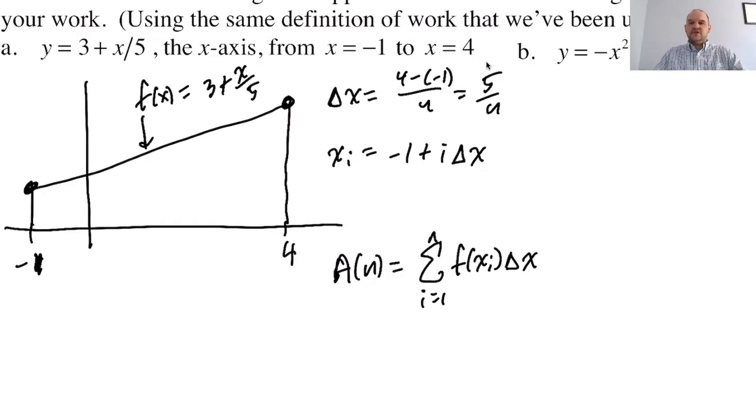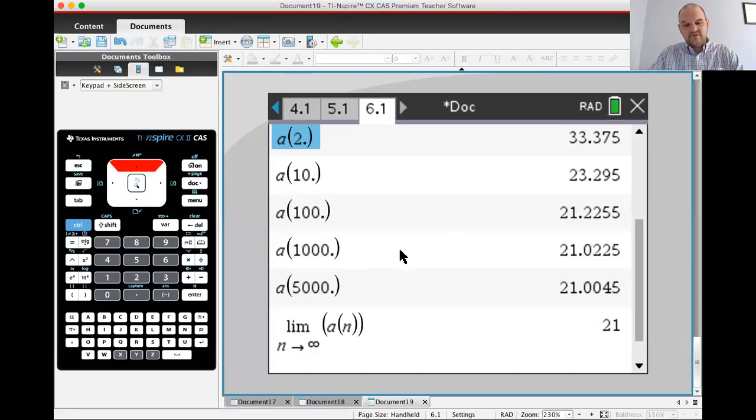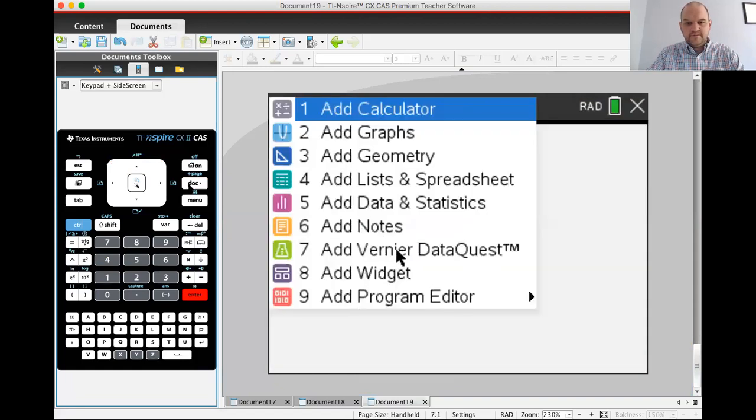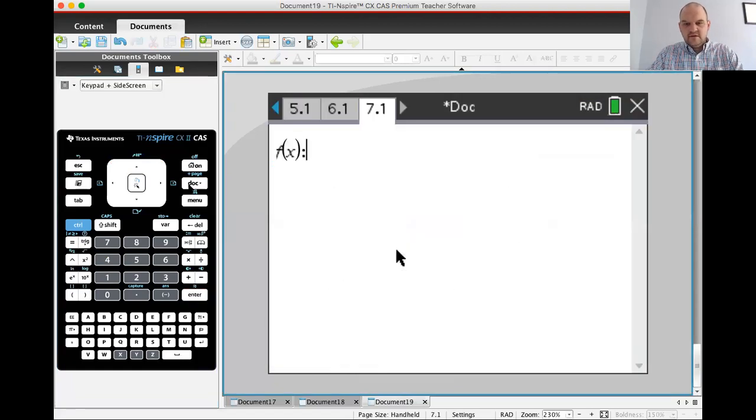All right, let's jump to the calculator and see what we get. Remember, you can pause this, you can rewind this, you can definitely not complain about the pace of this. So, new problem, f of x is 3 plus x over 5. And then I want to do A of n is the sum.